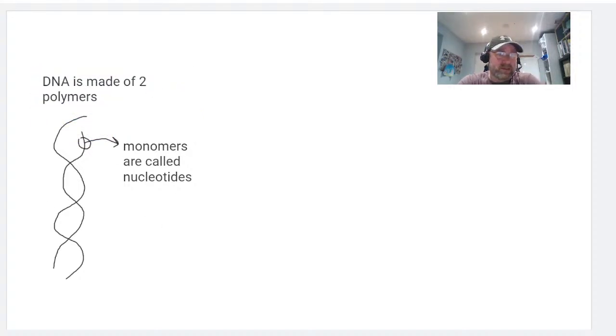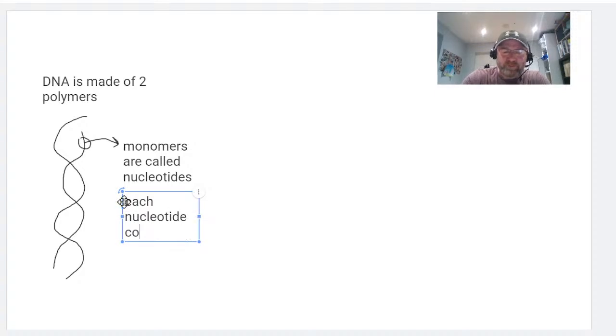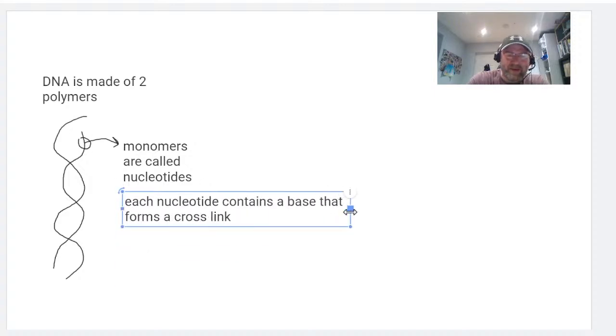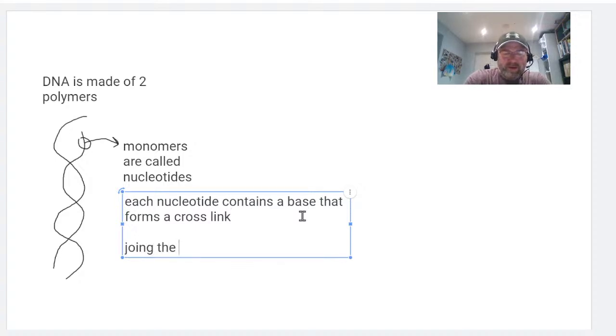There are monomers called nucleotides. Each nucleotide contains a base that forms a cross-link joining the two strands together.